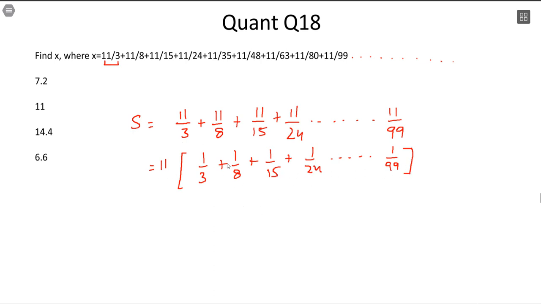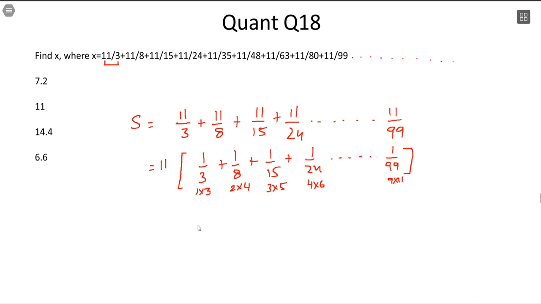I'm trying to identify, is there a pattern somewhere here? Yes, hopefully you can see that pattern. 1 into 3, 2 into 4, 3 into 5, 4 into 6, so on and so forth up until 9 into 11. Once you have identified this pattern, then it should become easy.